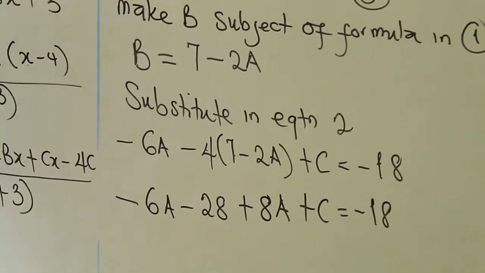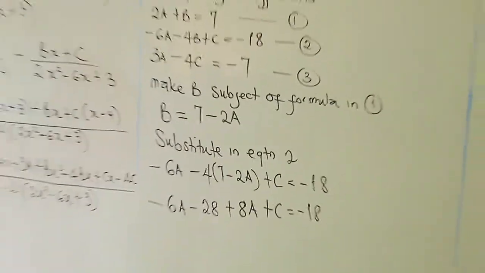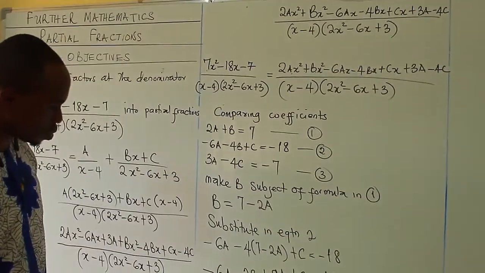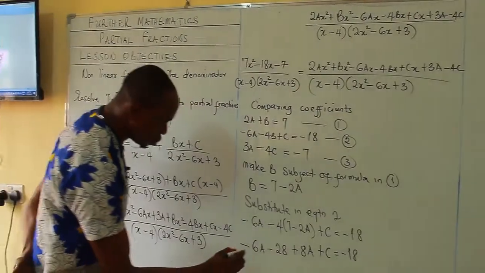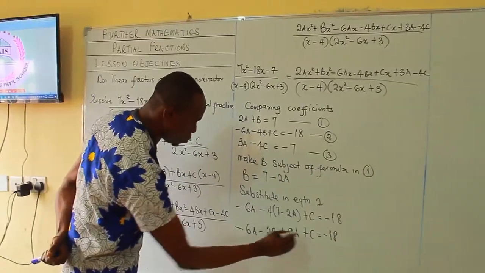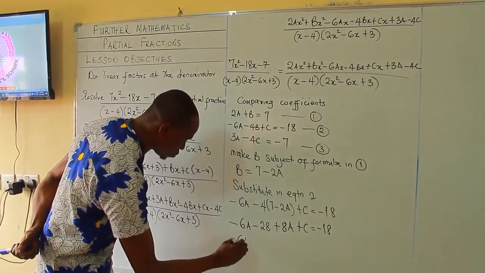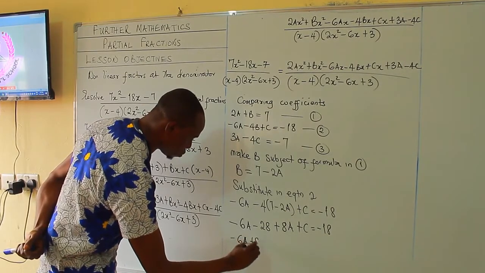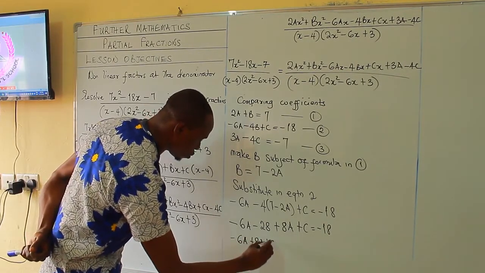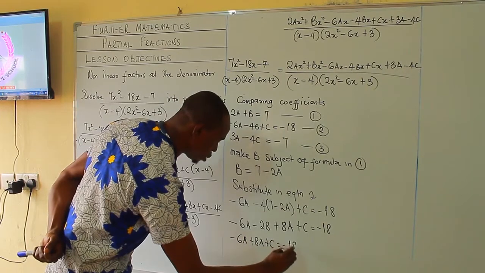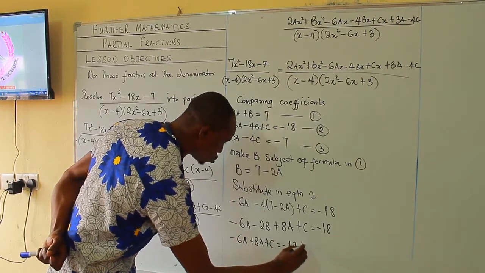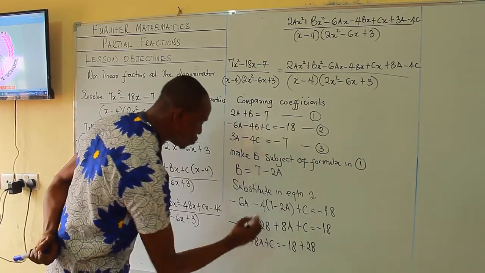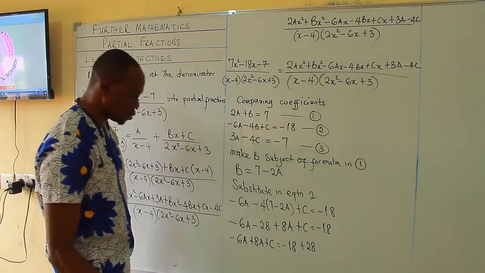Then I'm going to collect terms to make it conform to the format of a simultaneous equation. So minus 6a plus 8a plus c is equal to minus 18 plus 28. I moved minus 28 to the right hand side.